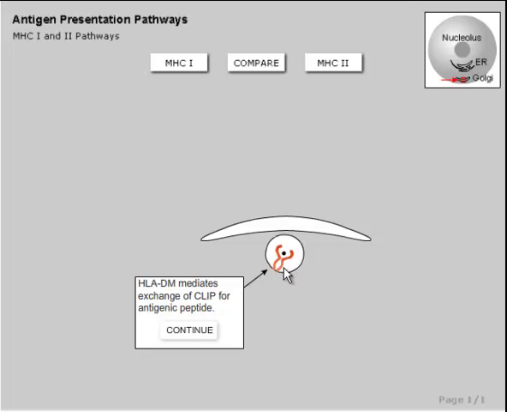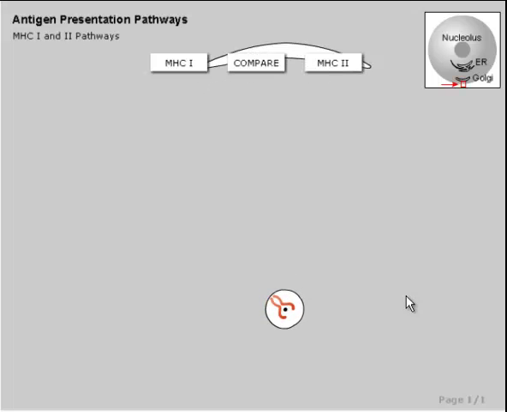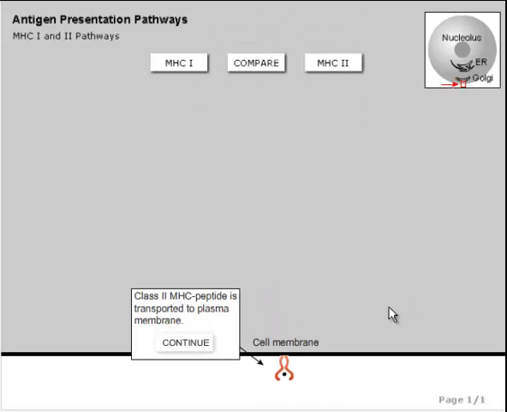And so this antigen will then bind to the major histocompatibility complex, and this will get transported out to the plasma membrane as well. And so this one is also presenting antigen at the surface of the cell.